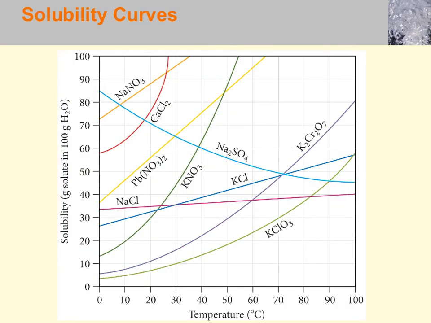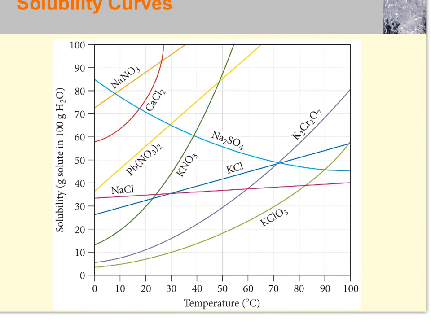All right, so let me ask a few more. Rank these ionic compounds for their solubility in water at room temperature, which is about 25 degrees. So room temperature is typically thought of as around 25 degrees Celsius.